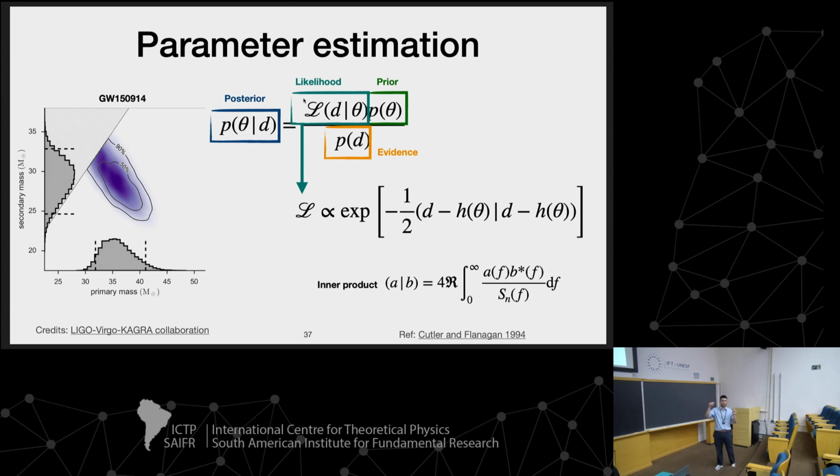You're assuming noise is distributed normally around zero mean, and the operator between parentheses is the same number that we were evaluating for matched filtering. To evaluate the likelihood, you need to evaluate the so-called inner product, and this is exactly the same integral that we evaluated for matched filtering.